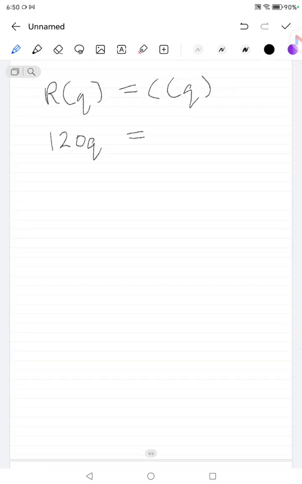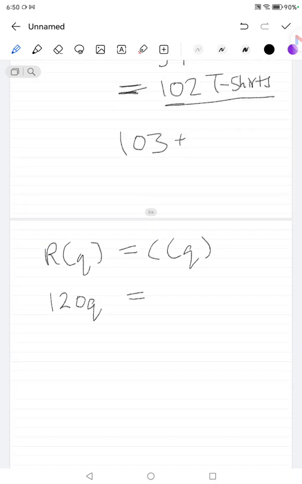Your fixed cost does not change, so you're going to have that 5,500. Then your variable costs are the ones that change. That means you can write your 66Q. So to take your 66Q to the other side, you will have your 120Q minus your 66Q.